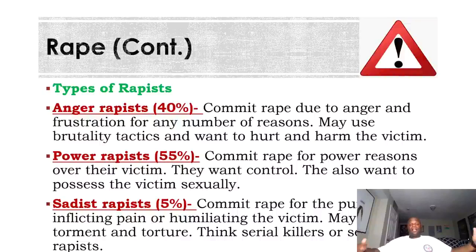Maybe they're frustrated because they don't have the same economic means or the ability to attain the same economic means that everyone else has, mainstream society has, and so they were angry. But either way, they're still committing a sexual assault, which is very, very wrong, and which is a crime of violence as opposed to sexual gratification.